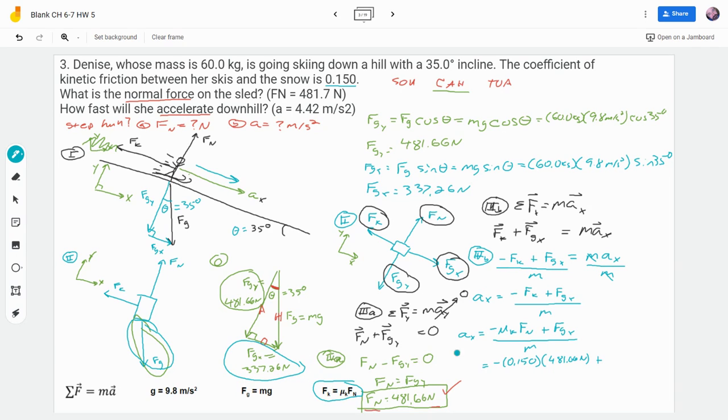We did that back in step 0: 337.26 newtons. All of this gets divided by the mass, and the mass is 60 kilograms. And remember, you've got to get the order of operations right here. One way you can do that is put a big parentheses around the entire numerator. Whoop, sorry, typo.